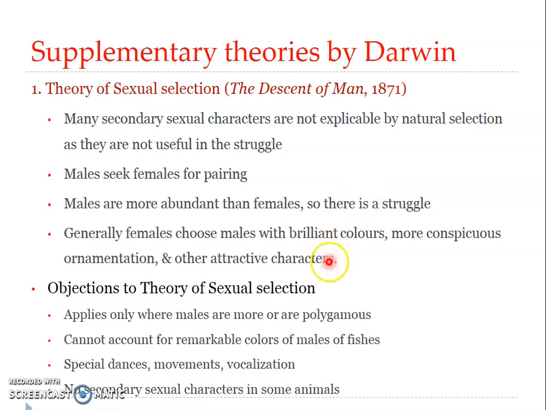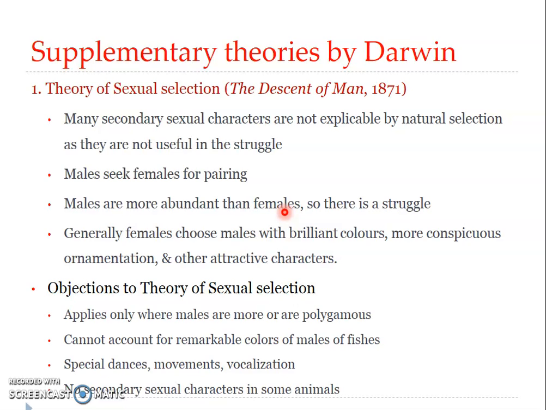Okay, these were the assumptions based upon which the theory of sexual selection was proposed by Darwin. The first one says many secondary sexual characters cannot be explained by natural selection because they are not useful in the struggle for life or struggle for existence. Secondly, males seek females for pairing or for breeding, and males are more abundant than females, and hence, in many cases, there is a struggle among the males for the possession of females.